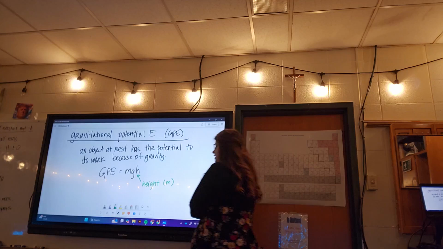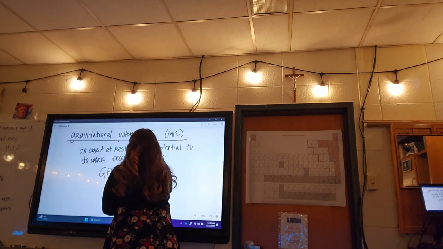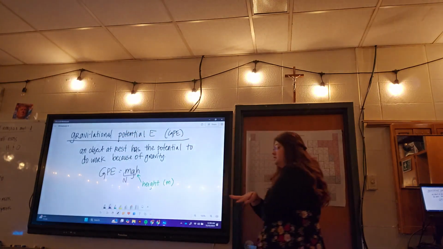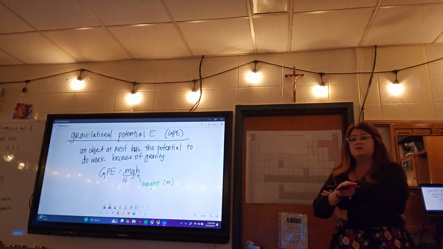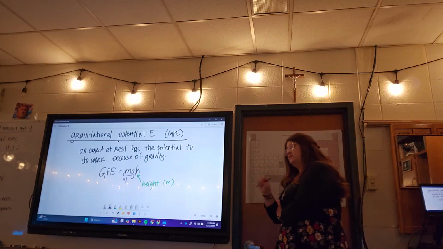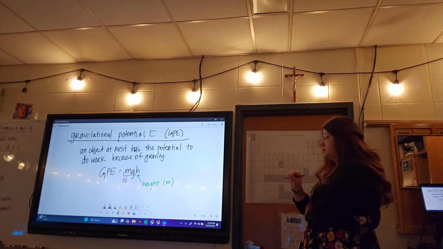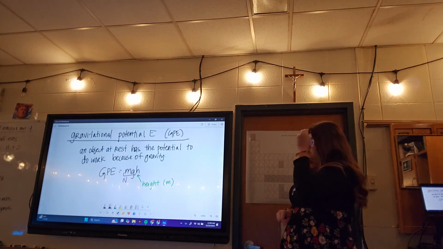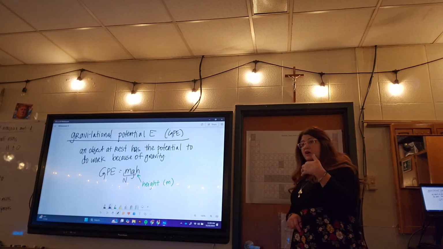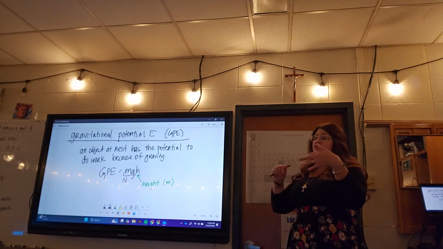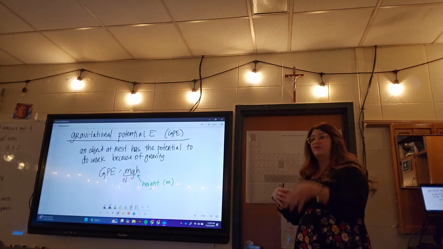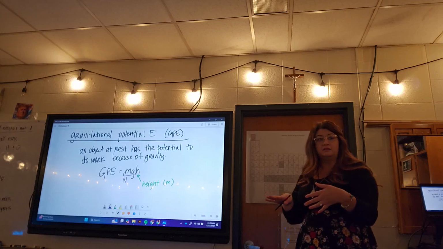M times g gives us the unit newtons. And so then the work that's done is that force that's applied, gravity acting on its mass, that together is the force, times the height at which the object is located. So the higher up an object is, the greater potential it has to do work, because it'll travel a farther distance. Does that make sense?